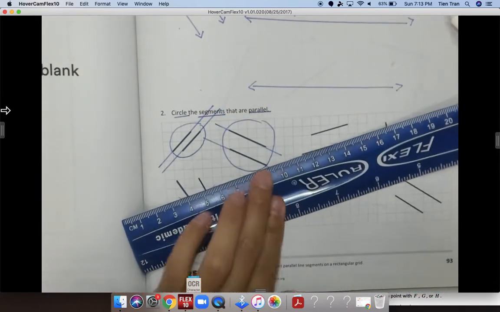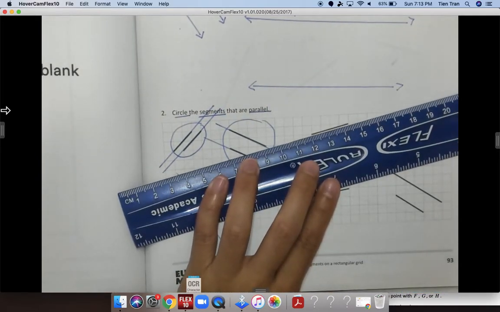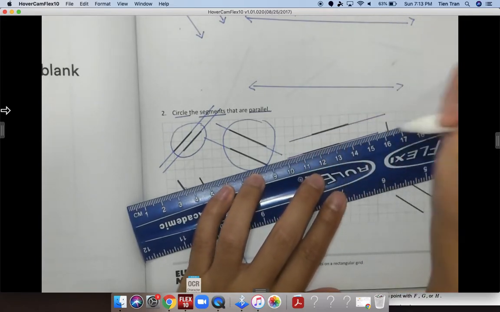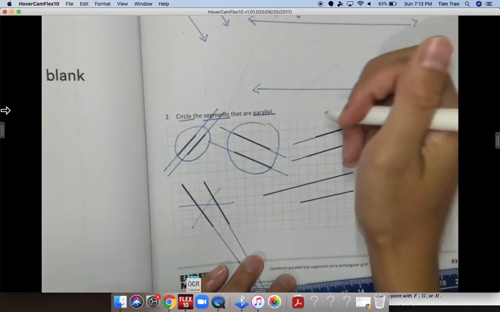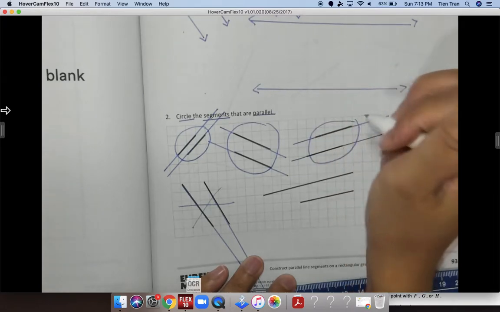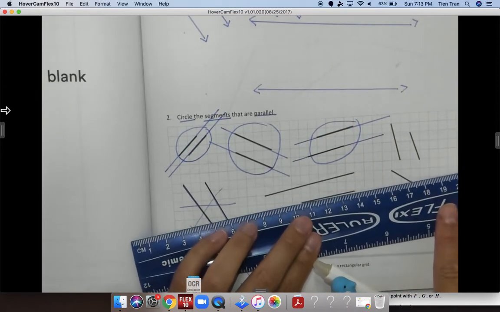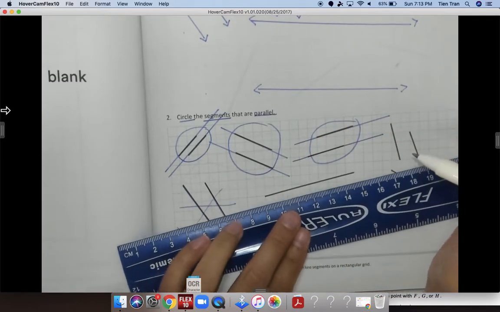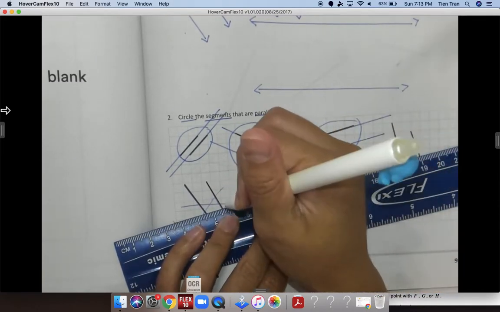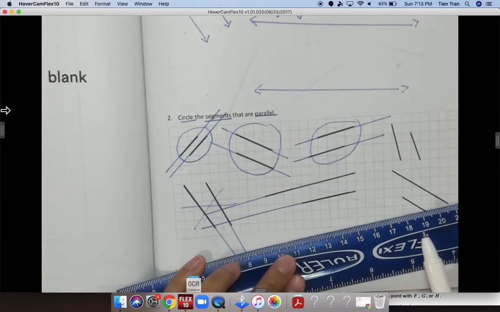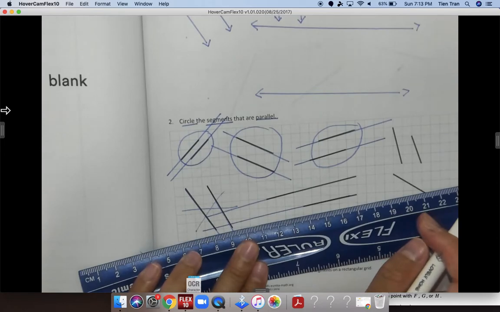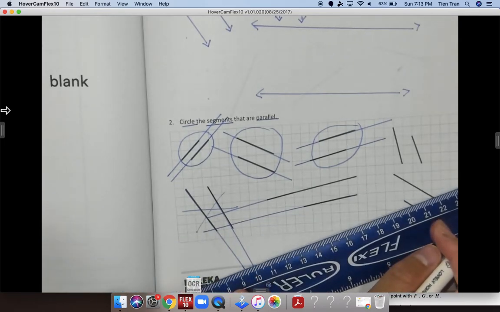Okay, now let's see this one over here. So this line is going to extend. And they look like they never meet, so I'm going to circle that one. Those are parallel lines. And for this one right here, I'm going to extend this one and see if they ever meet. I don't think these lines would meet.